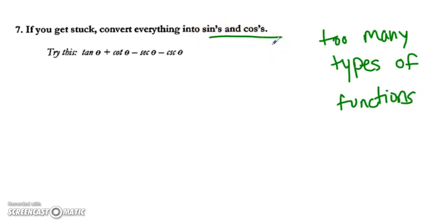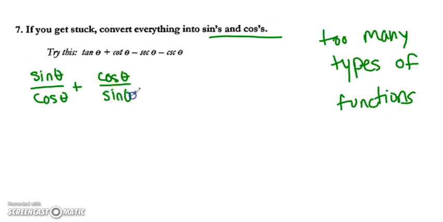Every single ratio, secant, tangent, cosecant, cotangent, they can all be rewritten in terms of sine and cosine. So we're going to do that right now and see what happens, okay? So tangent is sine of theta over cosine of theta. Cotangent is cosine of theta over sine of theta. Secant is 1 over cosine.